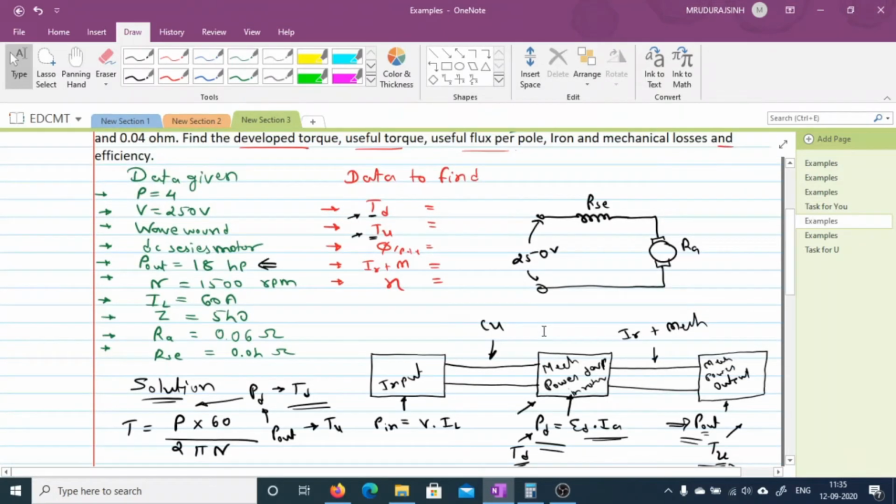You can see from here that this is a DC series motor, and for a DC series motor the load current I_L is equal to the series field current, which is equal to the armature current, because everything is connected in series. So when everything is connected in series, all current remains the same.